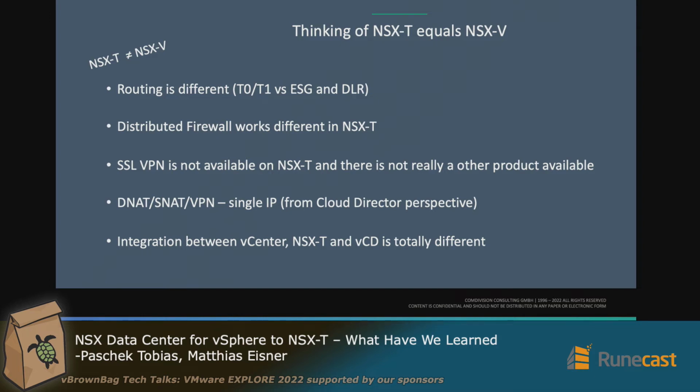And the last one I will hand over to Matthias because he is the automation guy. But to be fair, integration between vCenter, NSX, and Cloud Director is also different, because now you have the capability of importing your whole NSX environment. You are not bound to a single vCenter. Still, the limitation is there: a provider VDC can only be a single cluster.